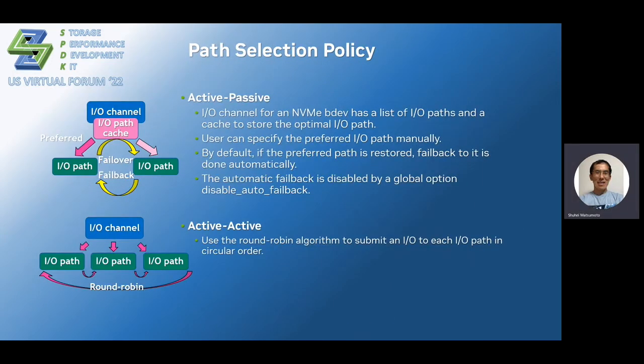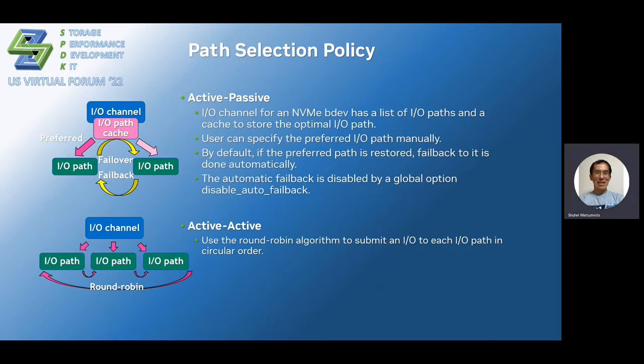Based on the I/O channel I talked about in the last page, the I/O path to submit I/O is selected by either one of active-passive or active-active. For active-passive, each I/O channel for bdev has a cache to store the first found optimal I/O path and use it for I/O submission.